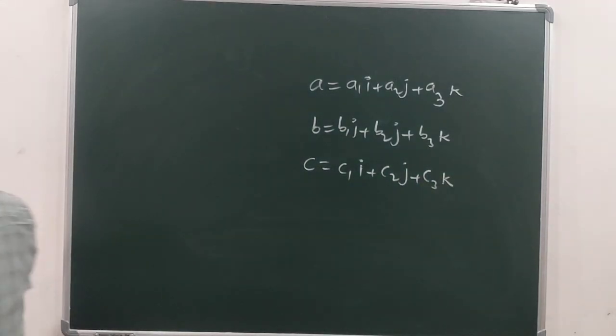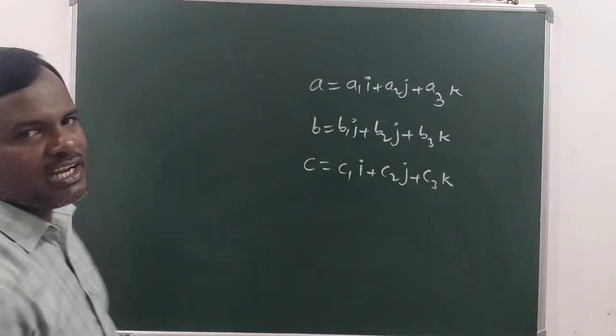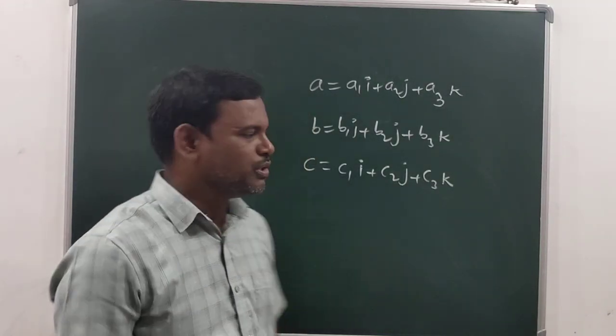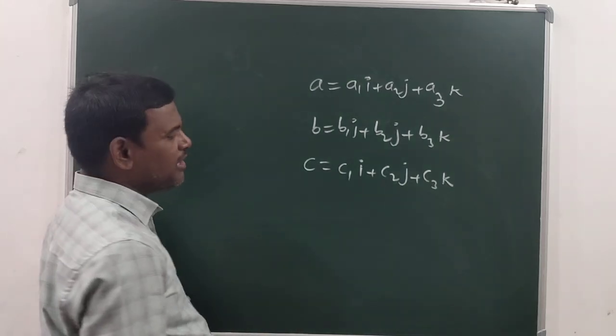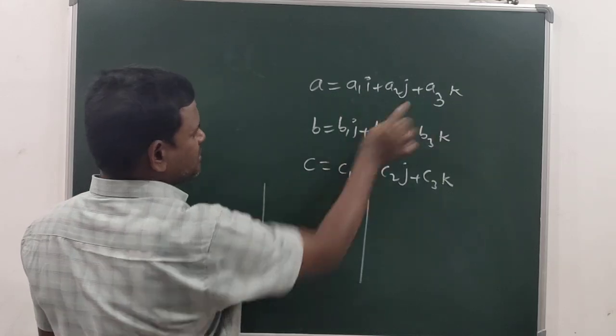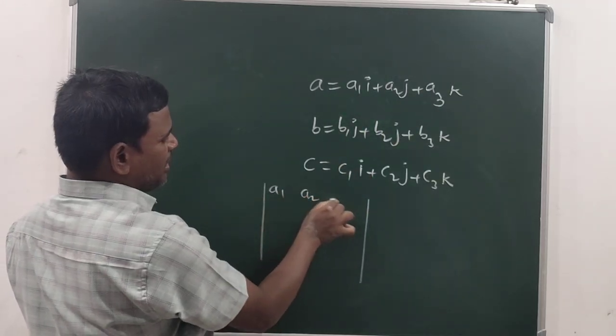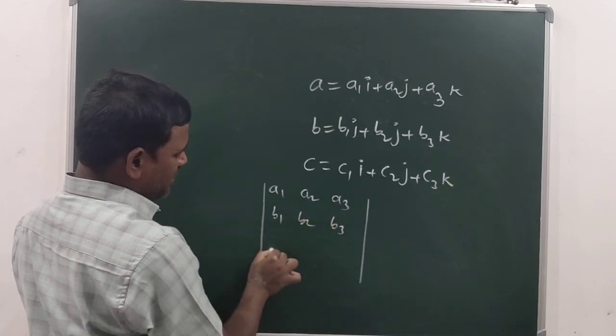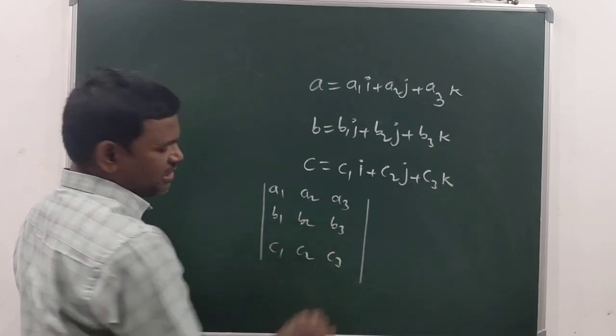And they may question you whether these are linearly dependent or independent. You just have to prepare the determinant formed by these coefficients a1, a2, a3, b1, b2, b3, c1, c2, c3.